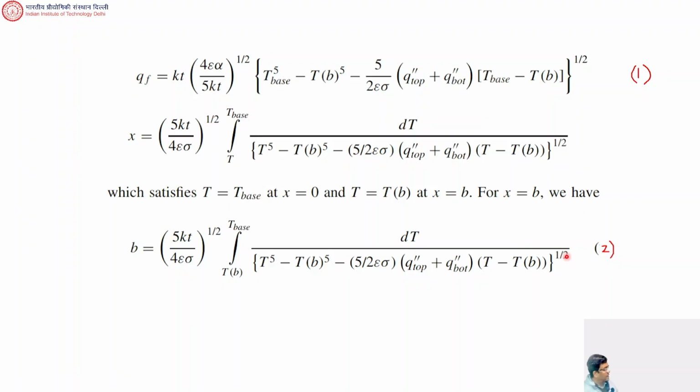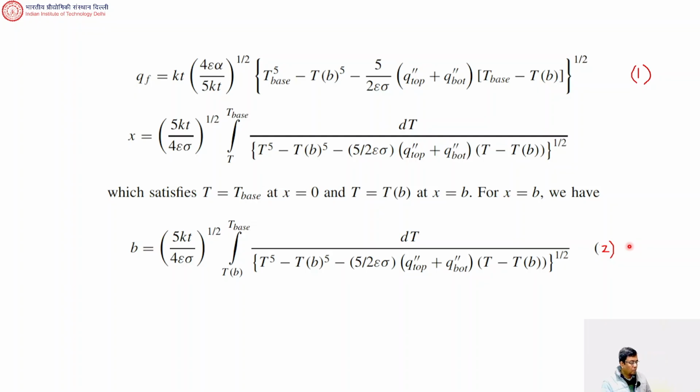What has happened from this equation to this equation is that this T has become TB, this x has become b, and the rest of it is the integration part, which remains the same. So these are two equations, 1 and 2.